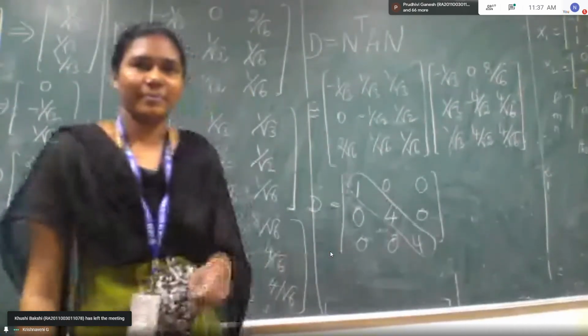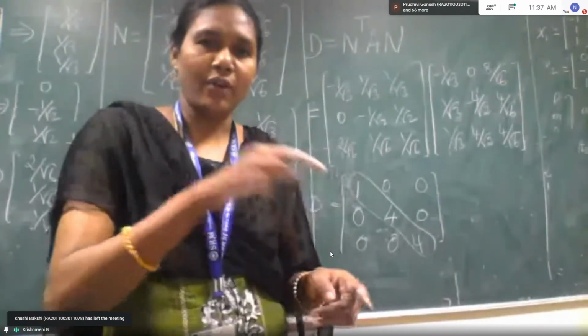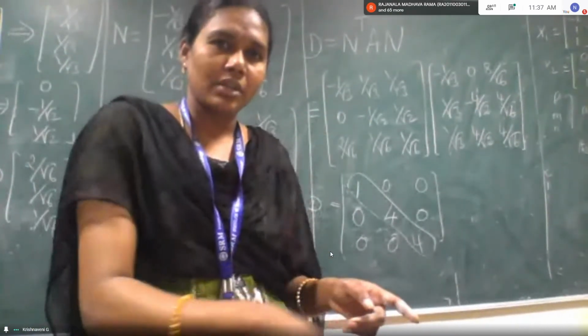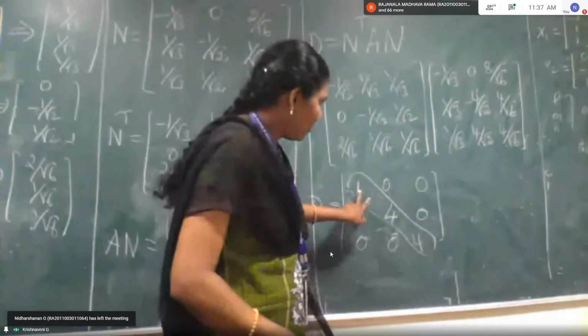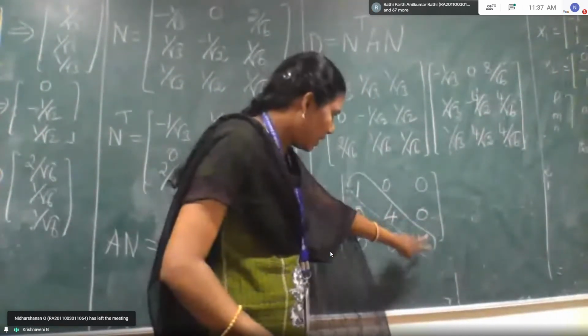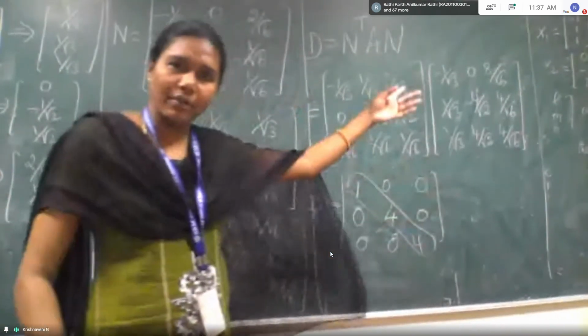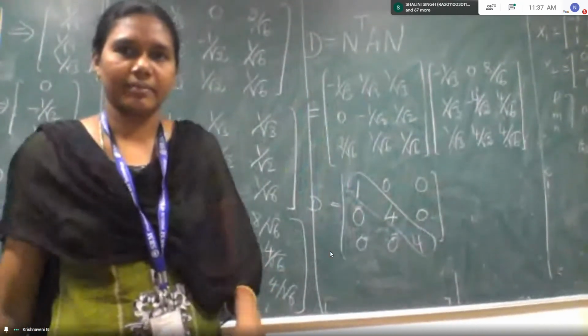It can be 1 4 4, or 4 1 4, or 4 4 1, according to our eigenvector.